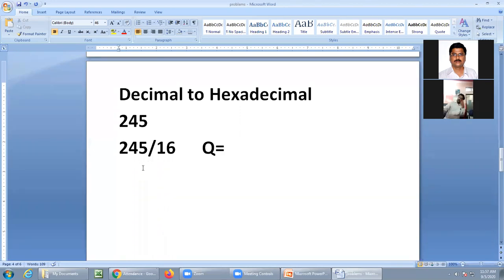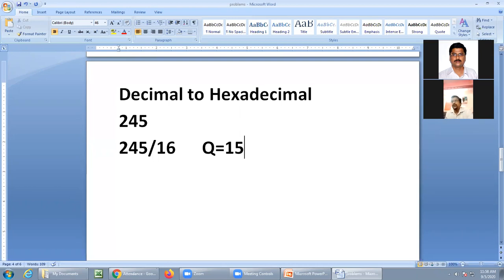If I divide 245 by 16, how many times will it go? First of all, it is not exactly divisible. What is the maximum number of times you can divide it? 15 times.